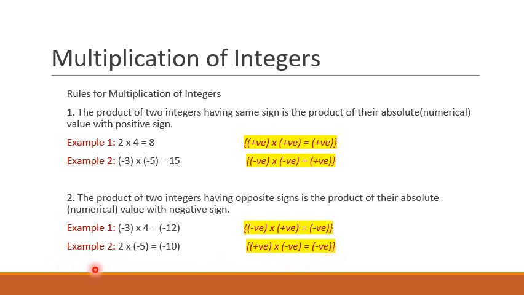So in multiplication of integers, what we have to keep in mind, if both the integers have the same sign, then the answer is positive. So if either both the integers are positive or negative, then the answer will be positive. And if the integers have opposite sign, the answer is always negative. So one positive and other negative integer multiplied together gives me a negative answer.